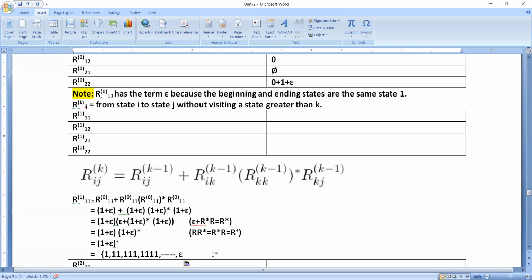Now whether you write a single epsilon, double epsilon or multiple epsilons, when multiple epsilons are concatenated, it results in epsilon only. Now please observe, as we have this term epsilon 1 1 1, can I write this as epsilon into 1 power 0? Yes, we can write epsilon as 1 power 0.